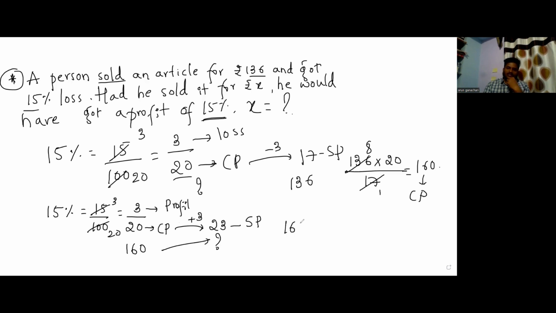So if cost price was 160, selling price would have been what? Cross multiply: 160 into 23 divided by 20. 0 and 0 get cancelled. 2 ones are 2, 8s, so we have to find 23 eights. What is 23 eights? 184. So to have a profit of 15%, instead of a loss of 15%, we have to sell it at 184.